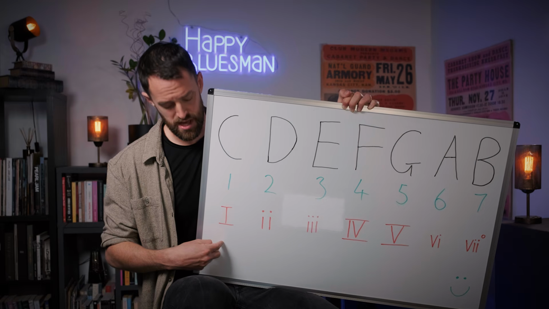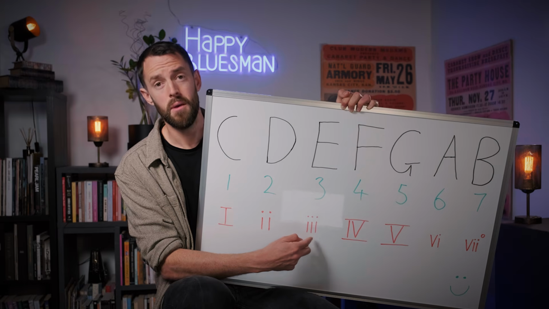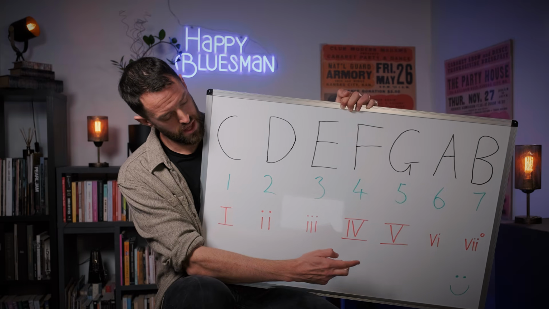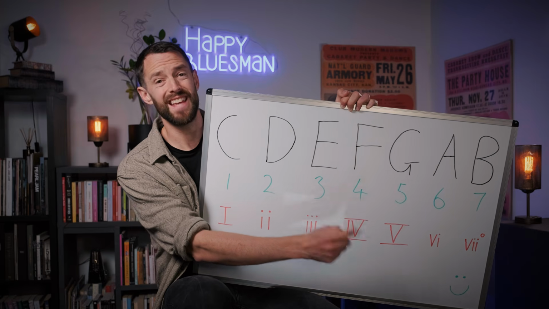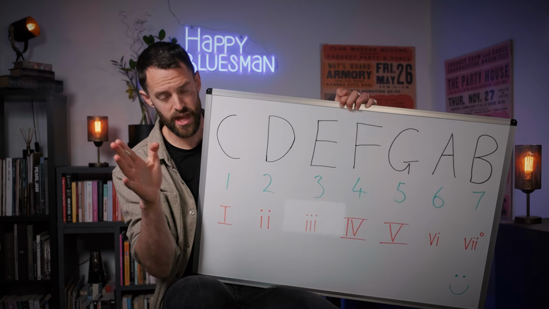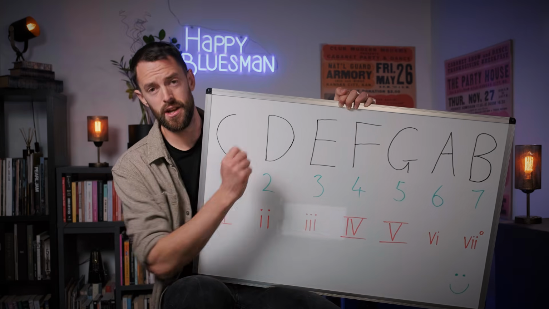So the first chord is major. When you do it on the second degree, a minor chord. Third chord, minor chord. Fourth chord, major. Fifth, major. Sixth, minor. And seventh, diminished. We'll come to that in a moment. But major, minor, minor, major, major, minor.